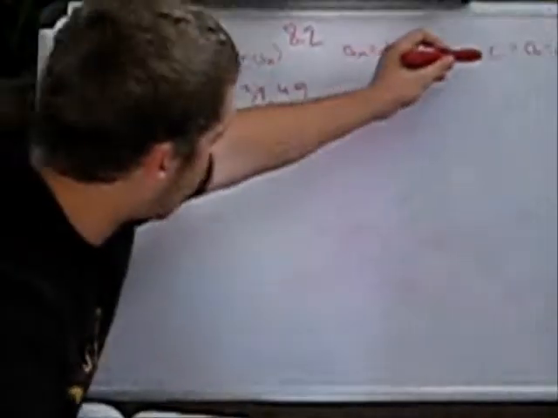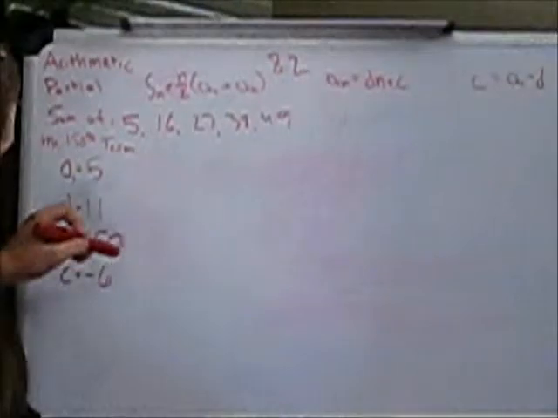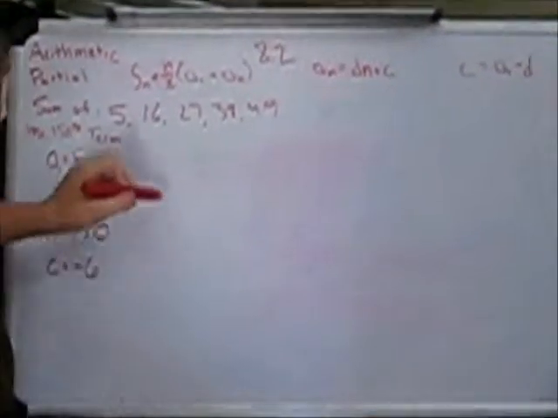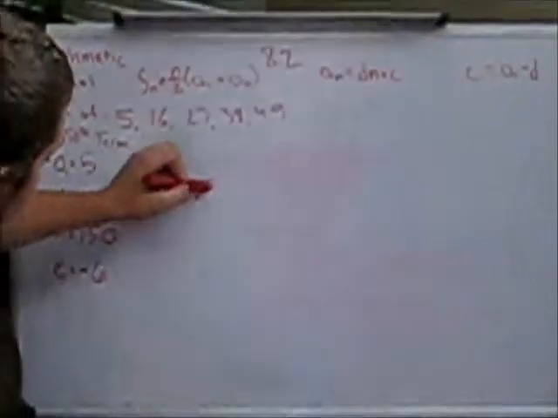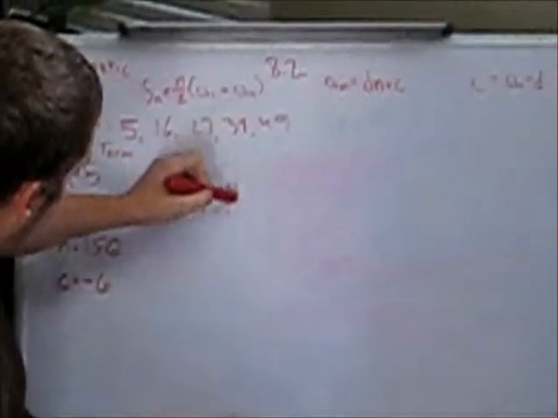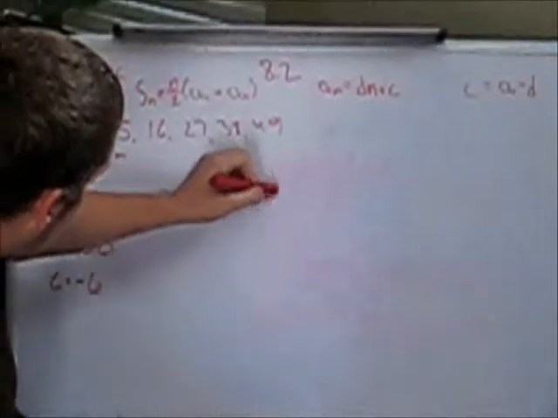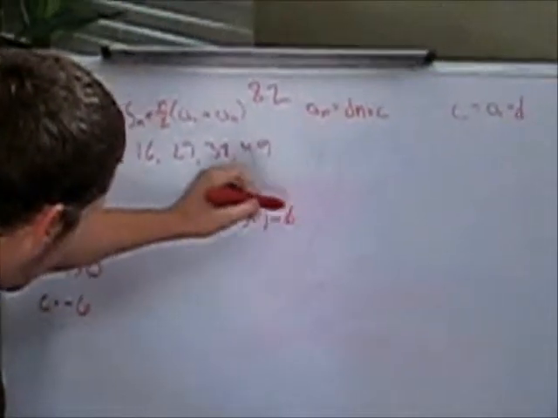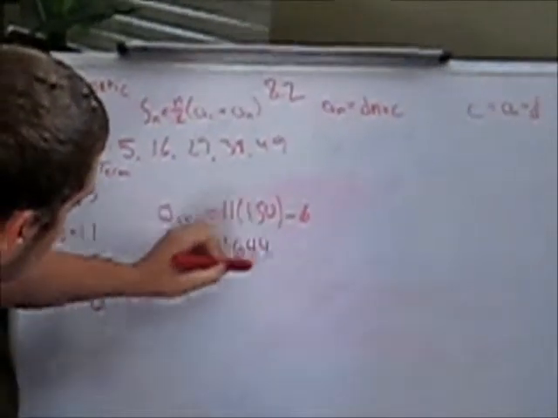And C comes from this equation here, A1 minus D, which is negative 6. Then you plug it into here and you get A150 equals 11 times 150 minus 6, which comes out to be 1644.